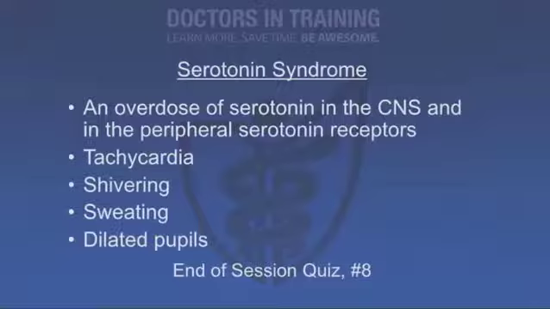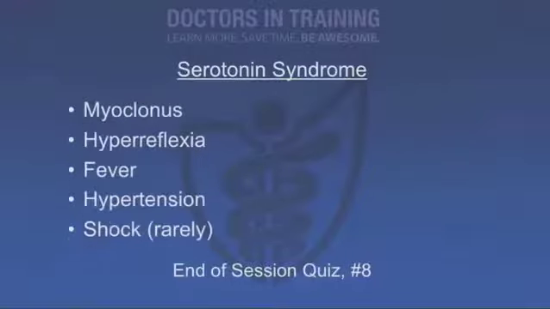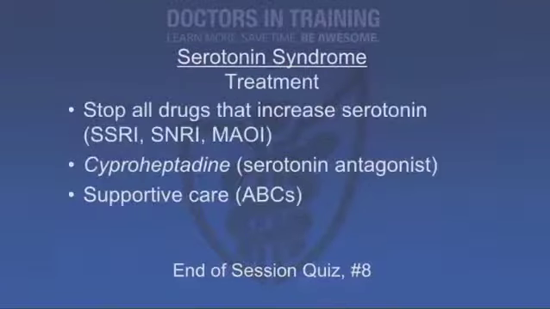The things you get: tachycardia, shivering, sweating, dilated pupils, myoclonus, hyperreflexia, fever, hypertension, and even shock. So what do you do? Stop all the drugs that increase serotonin, so you're stopping your SSRIs, your SNRIs, your MAOIs, and then you can use cyproheptadine, which is a serotonin antagonist. And then always remember supportive care. If someone looks like they're in trouble, you want to support all of their major functions, ABCs, all that type of stuff.